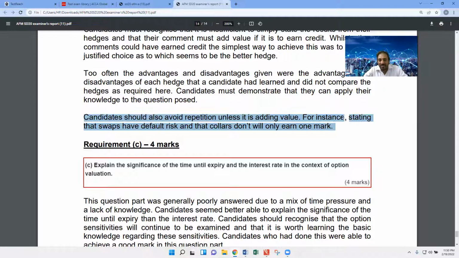What does that mean? If you mention the disadvantage of a swap is that swaps have default risk, and the second point you mention is that collars do not have default risk, the examiner is saying you will not earn 2 marks. This is only 1 point. So don't be so clever. Be honest whenever you are writing the answer. Are you getting the point?